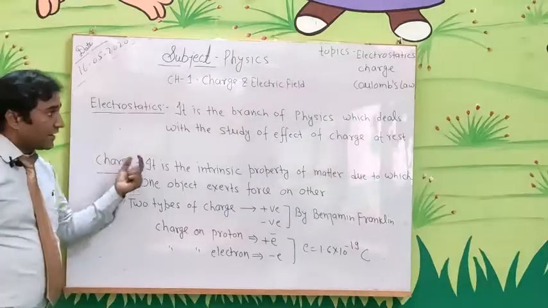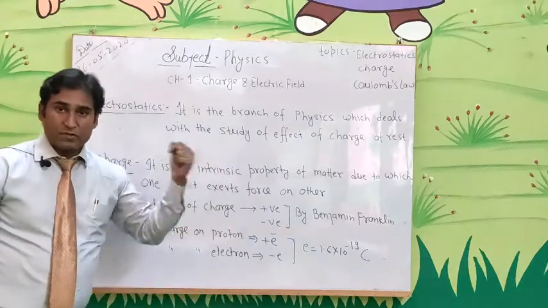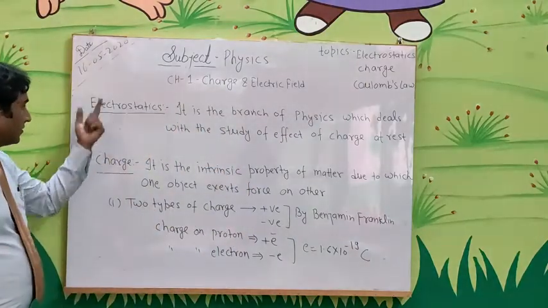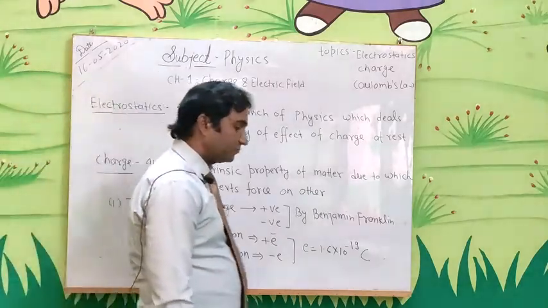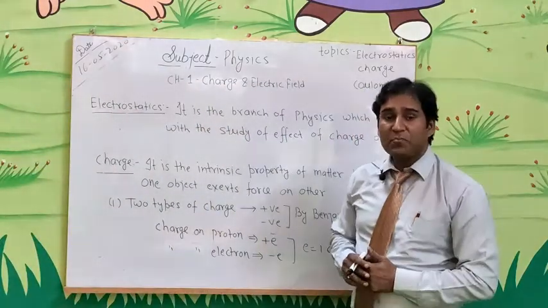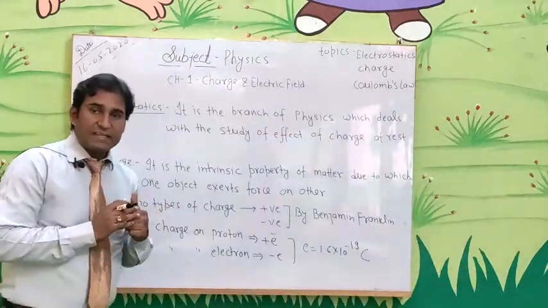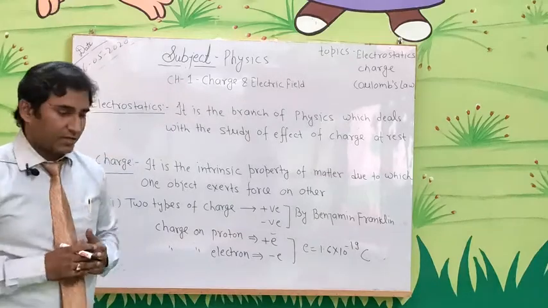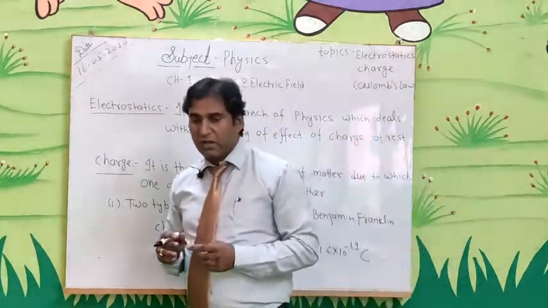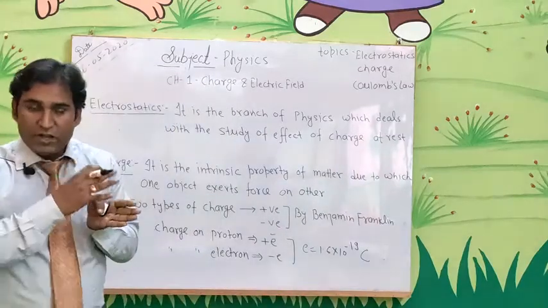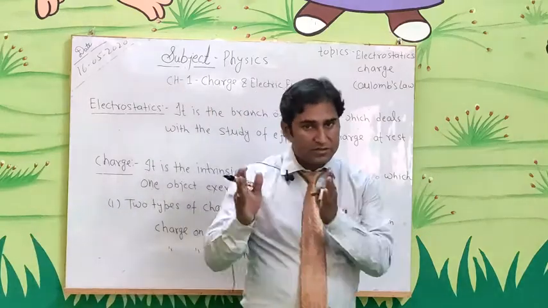Now our second term, charge, plays a very important role in electrostatics. Now we will discuss charge. What is charge? It is an intrinsic property of material due to which one object can exert a force on the other. That means one body can attract or repel the other body. This is mainly due to the charge.